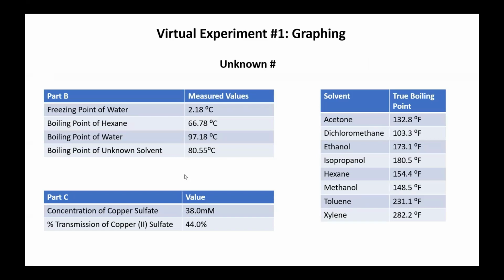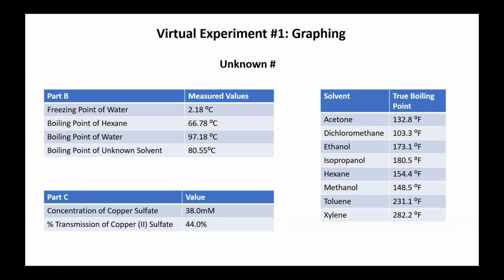Once you have those graphs prepared, in particular the second graph plotting concentration versus absorbance will be linear. And that way you can determine the slope and intercept for that graph. And when you have that, you're going to go back to your unknown and see that I'm giving you a concentration of copper sulfate.